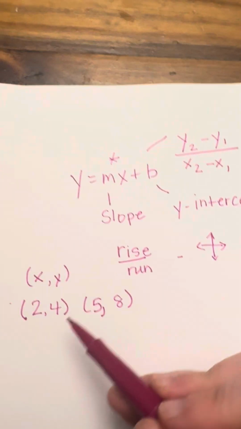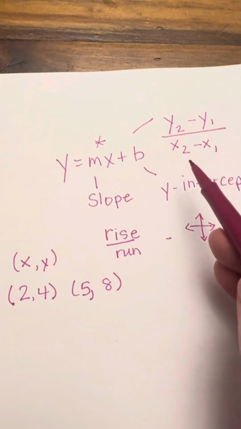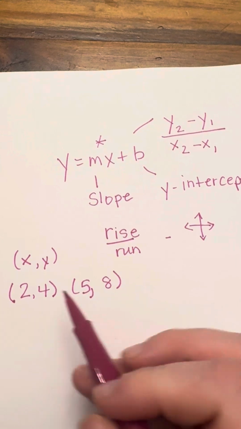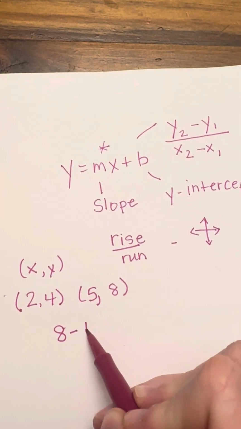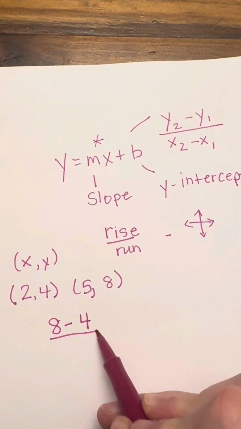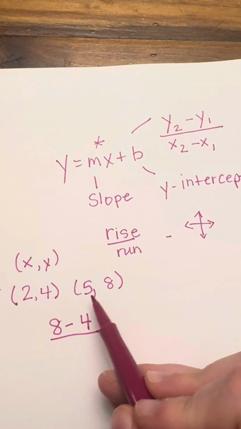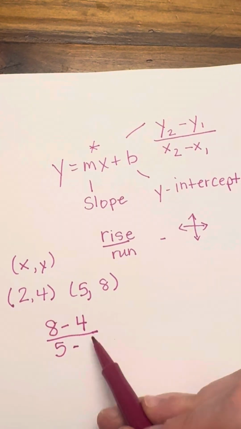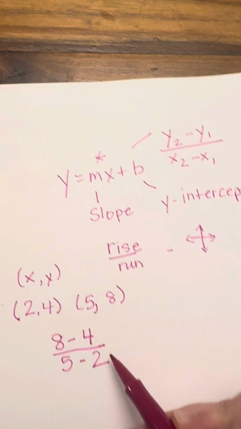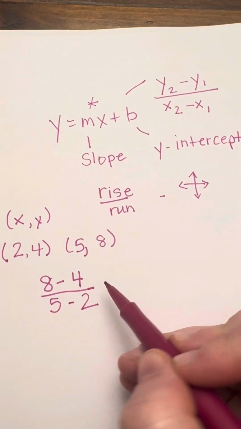I have all of these numbers right here. So y2, I'm going to look at my second y, that's 8. My first y is 4. And I'm going to put that over, in fraction form, the second x, which is 5, minus the first x, which is 2.